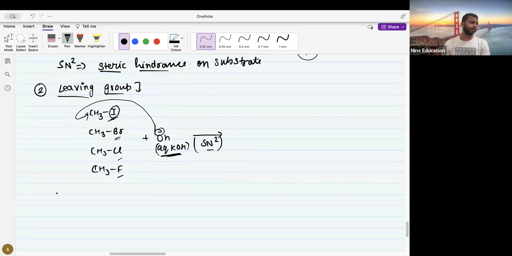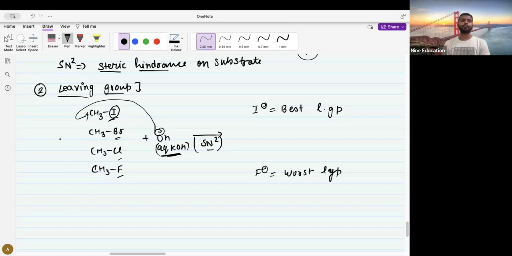So see beta, from here only you will come to know that I minus is the best leaving group and fluorine minus is the worst leaving group.